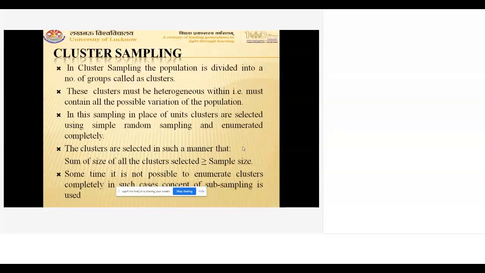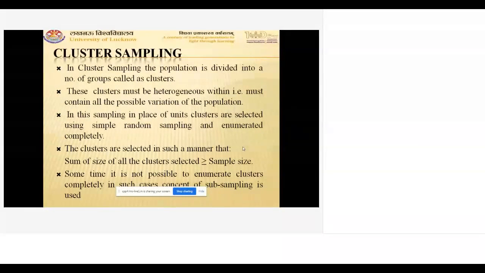For example, if we consider the state of Uttar Pradesh, then the state can be divided into different districts, which are 73 districts. Then these districts can be divided into two areas, rural and urban, or you can divide it into a number of villages for each district.